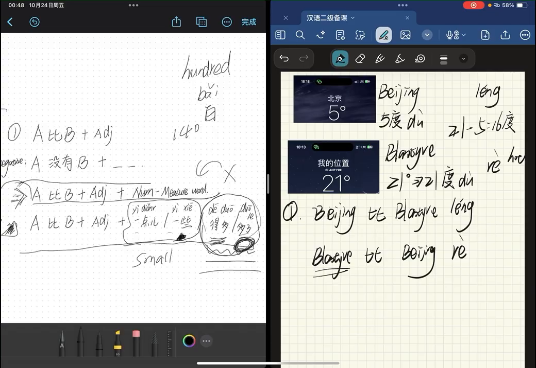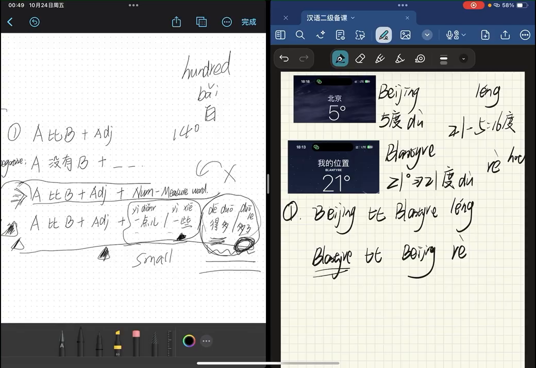So we just use words expressing the degree.